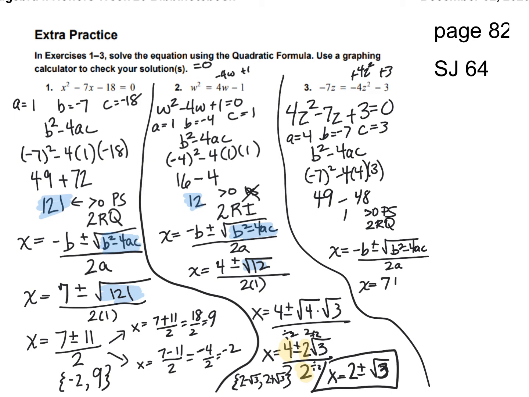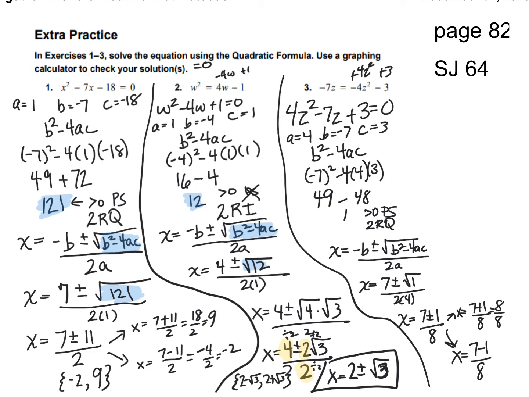Negative b would be 7 plus or minus the square root of 1 all over 2 times 4. So x equals 7 plus or minus 1, because the square root of 1 is 1, over 8. So x equals 7 plus 1 divided by 8. x also equals 7 minus 1 divided by 8.